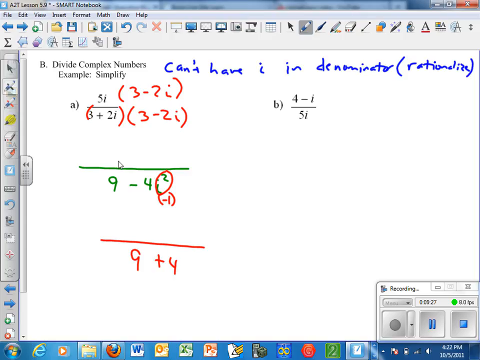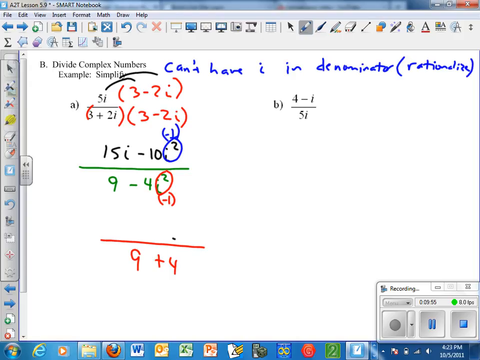Now on the top, I have a monomial times a binomial, so I need to distribute. So I get 15i, 5i times 3, minus 10i squared. Actually, let's take and write that on the one above it, and then we'll do some simplifying. So let's rewrite that. That's 15i minus 10i squared. But remember, i squared is negative 1.